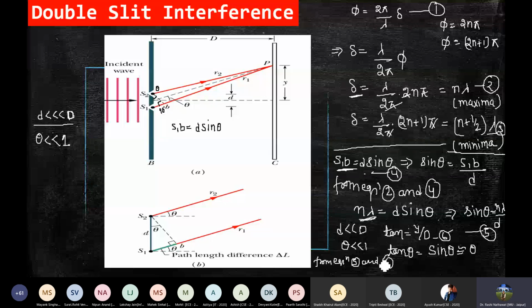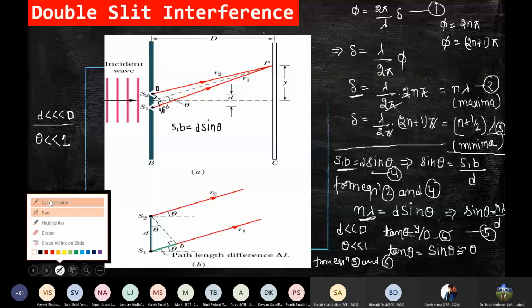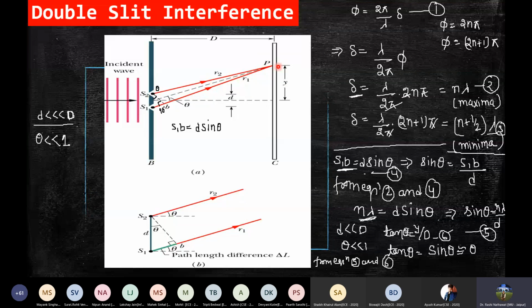Ma'am, can you please explain what did you do in equation number 6? Equation number 6 is the tan theta. Okay, so theta was missing. This tan theta we have taken from this triangle. One minute. You can assume some point P over here.